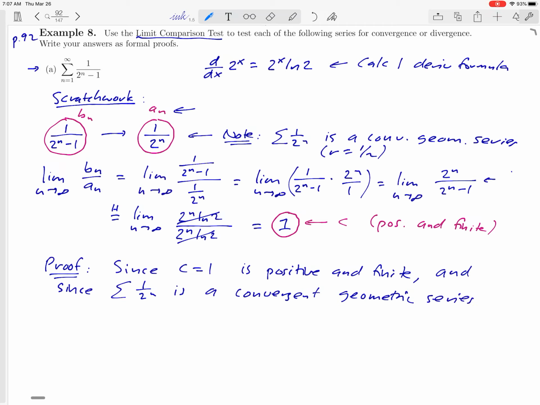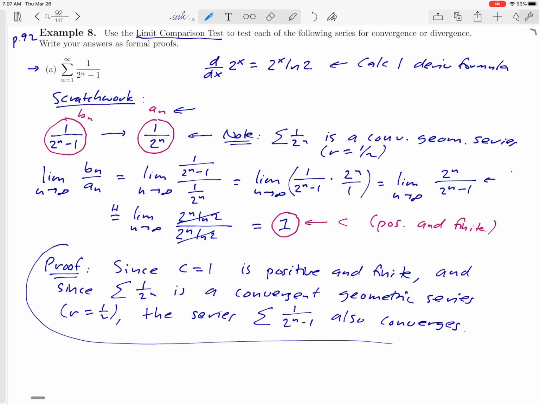It is a convergent geometric series because of the fact that r was a half. If we put those two facts together, we can conclude that the series that we were given, 1 over 2 to the n minus 1, also converges. Okay, and so that proof is our answer.